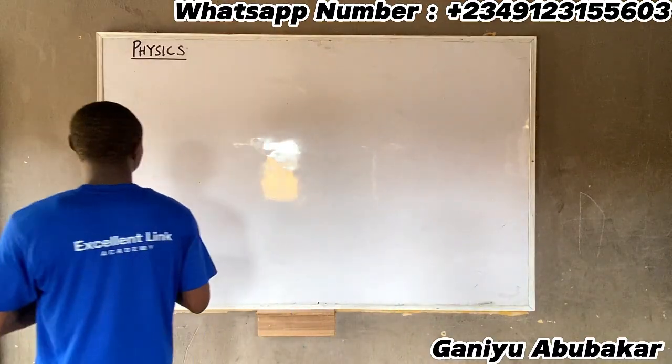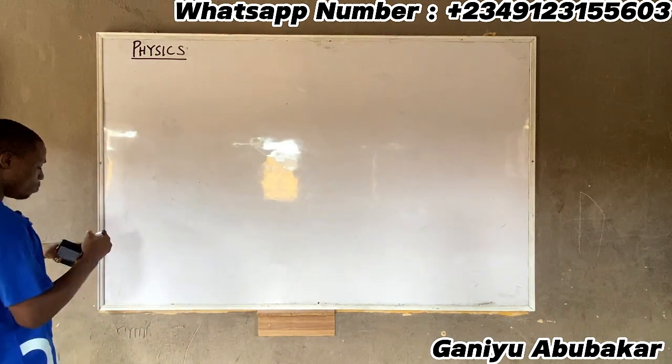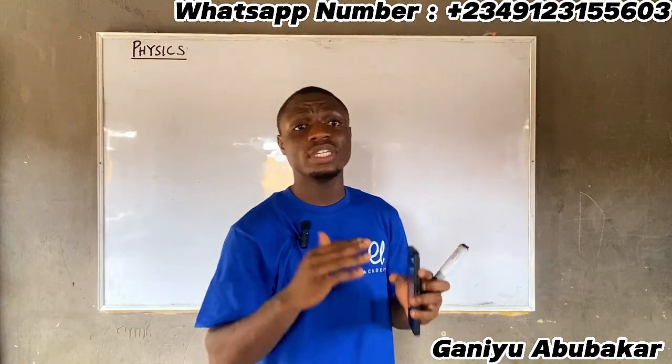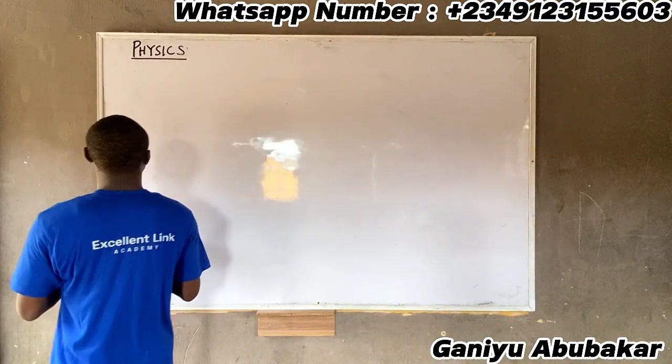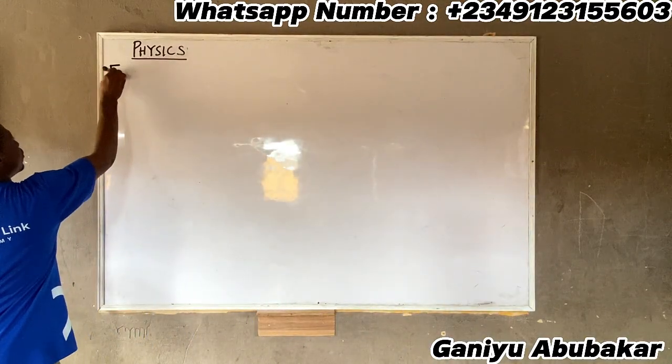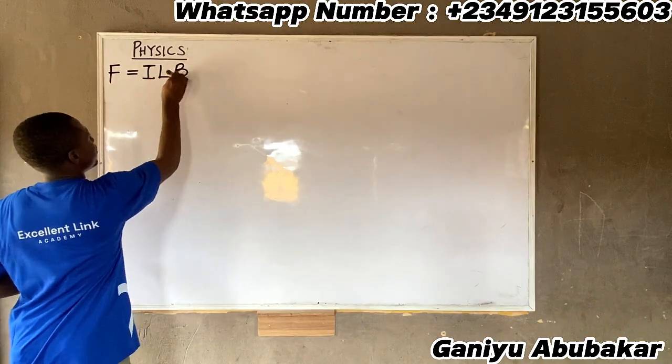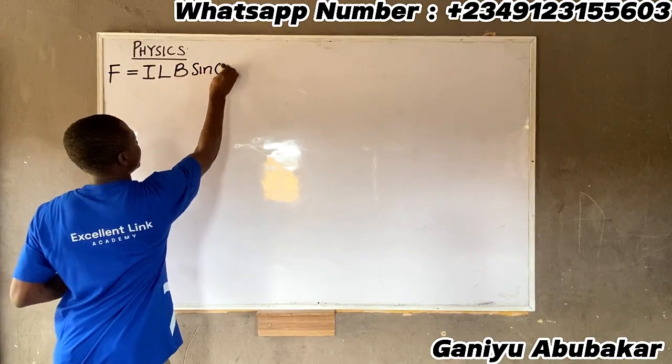We established that when it comes to magnetic field, there are two distinct formulas we use. The first one is F equals ILB sine theta.